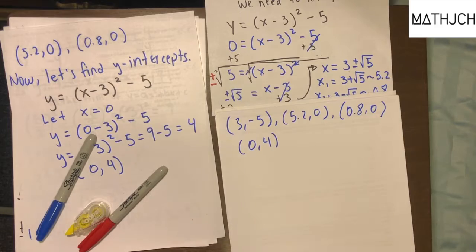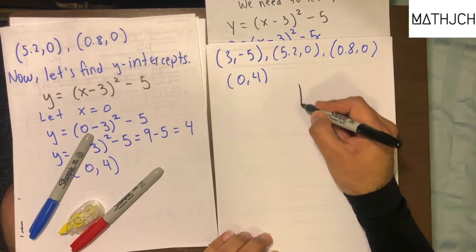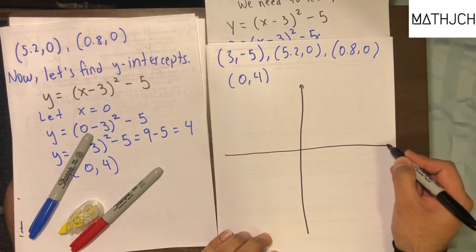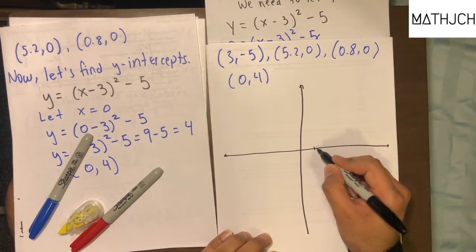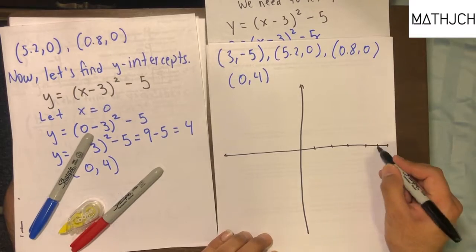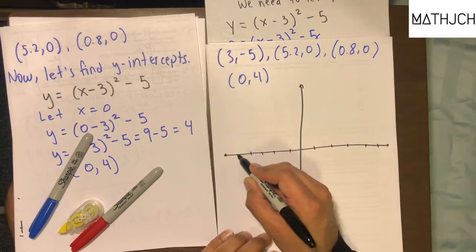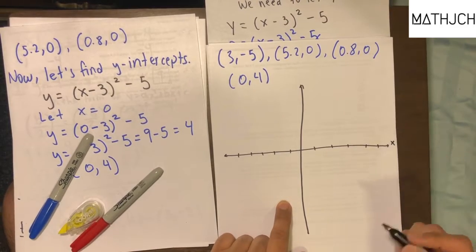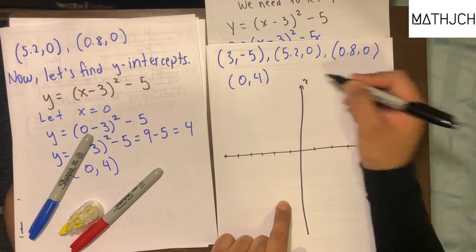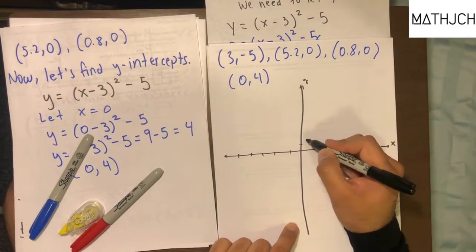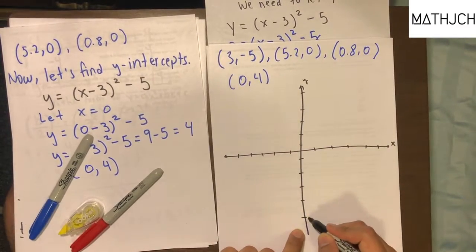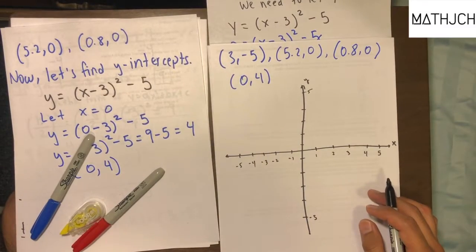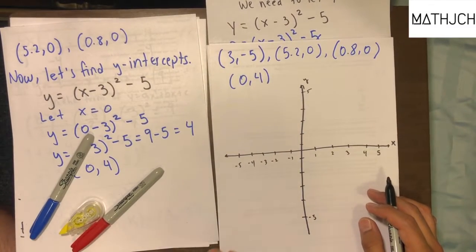Let's sketch the graph. Let me try my best to do our graph, okay? Remember, these are negatives, positive. This is our x-axis. This is our y-axis. Now, let's just plot the points. Let's do our vertex.